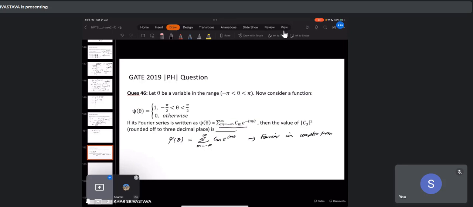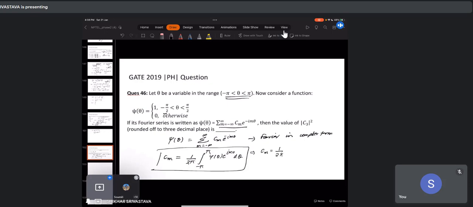So remember this formula, this Fourier coefficient in complex notation can be written as 1 by 2 pi, the limits which are given minus pi to pi, psi of theta exponential e. Okay, so you just find this coefficient using this formula, so cm will be what, 1 by 2 pi.